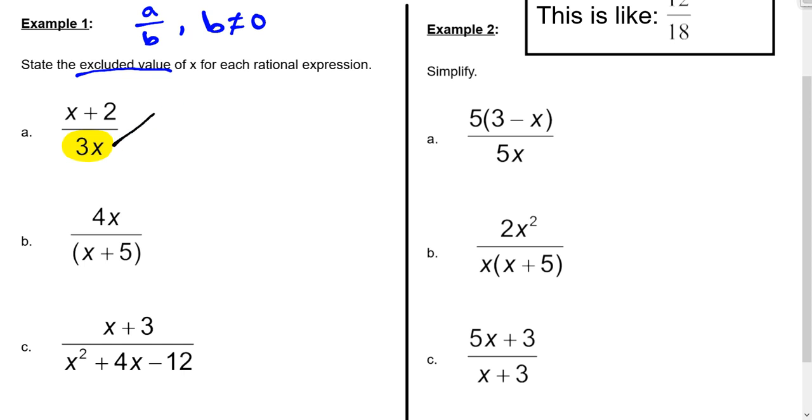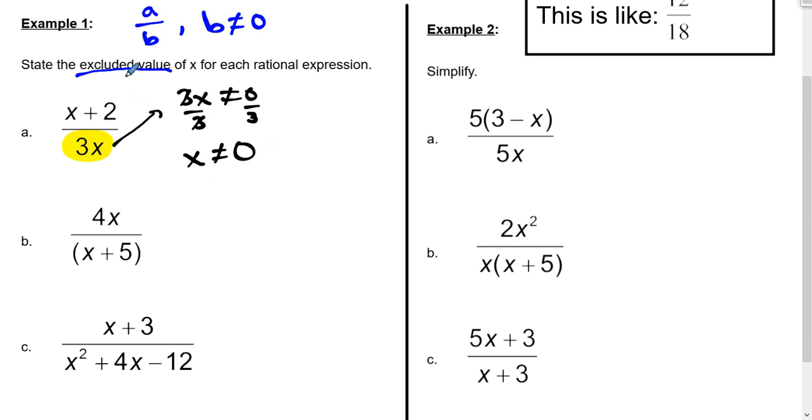So 3x cannot be equal to 0. If I divide both sides by 3, 3 divided by 3 simplifies to 1, and 1 times x is just x. So x cannot be equal to 0 divided by 3. Well, 0 divided by 3 is just 0. So x cannot be equal to 0.